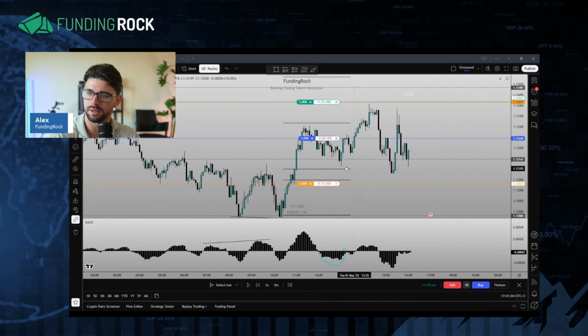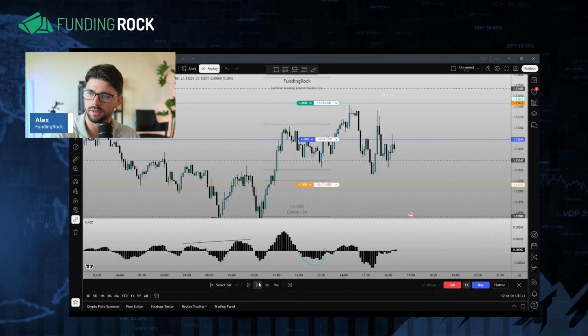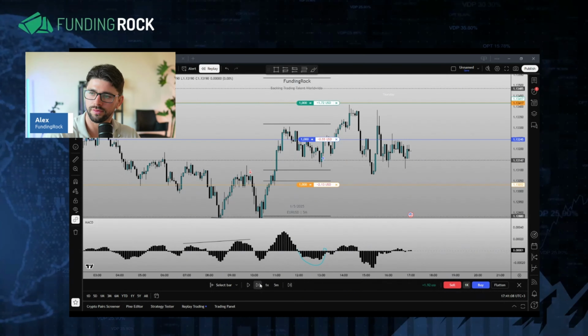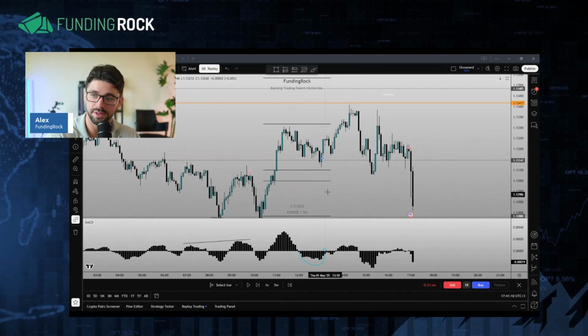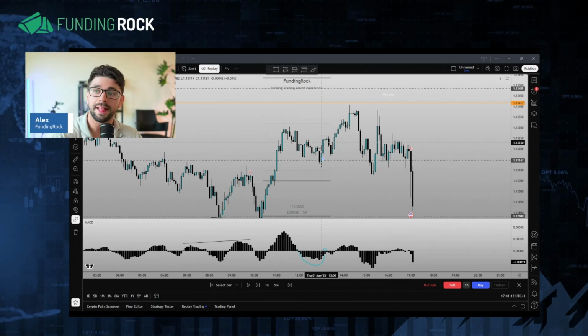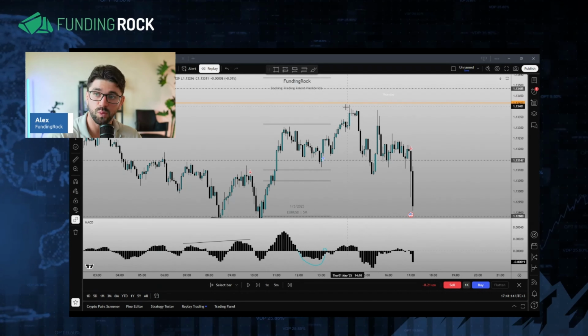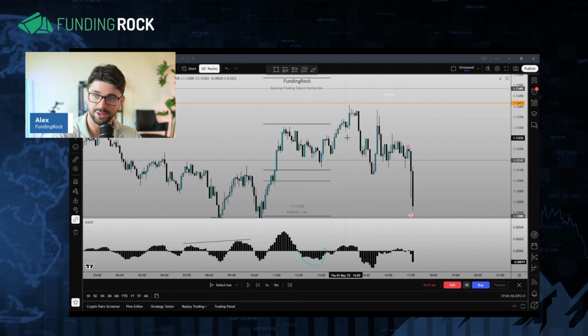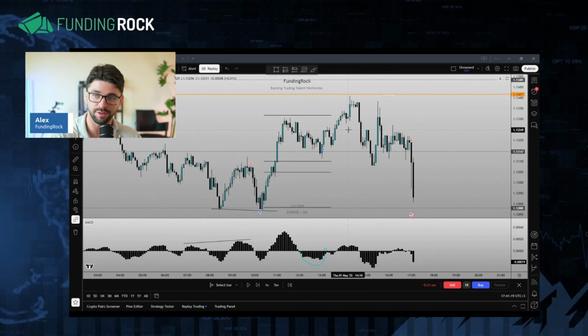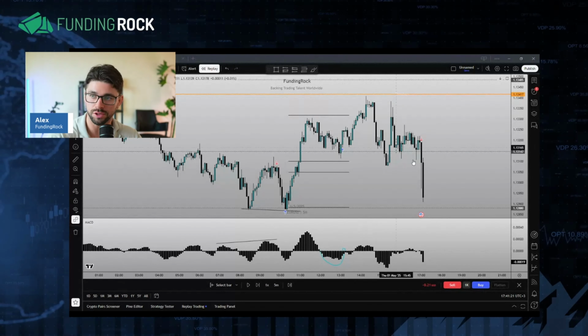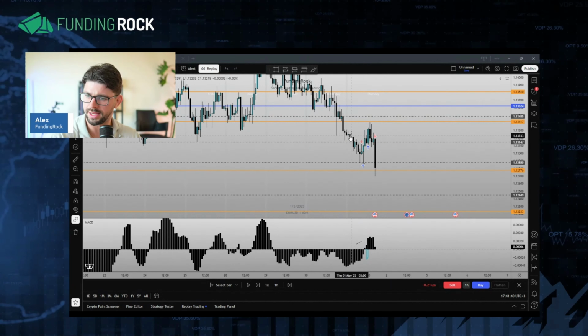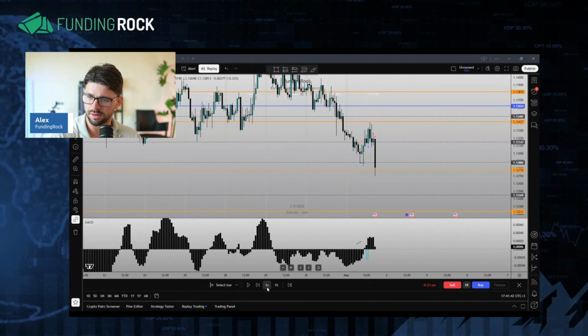Super choppy. Very choppy. Okay, so we've lost that one. That was quite interesting. We nearly got to that level. It was very close, but unfortunately it didn't hit.